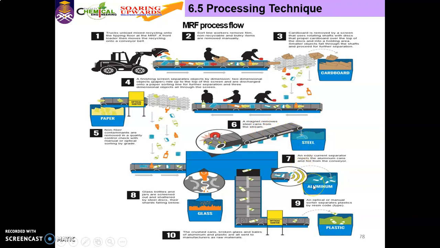And then aluminium. Okay, this is aluminium sorting at one place. And glass and bottles, another place. Plastics, okay, and the remaining: the trash, broken glass. Okay, so it is already separated according to certain portions. So this is the MRF process flow.